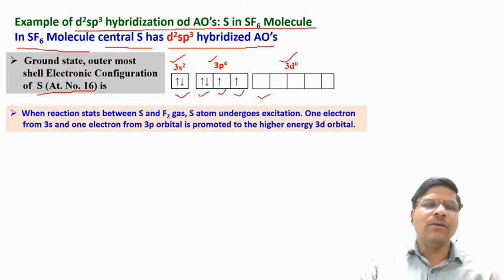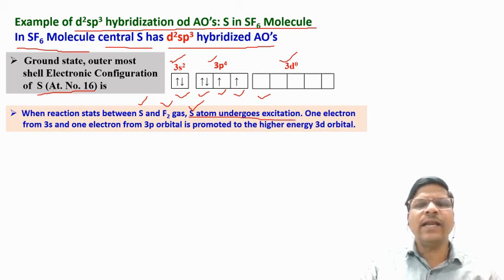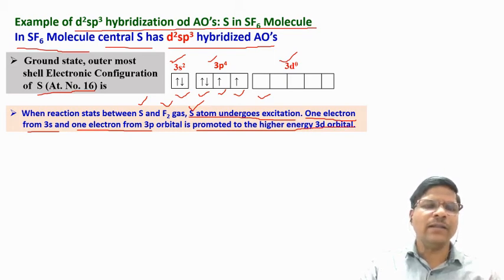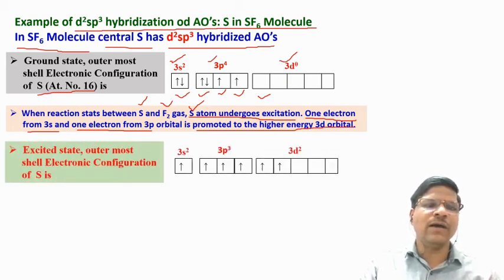Now, when the chemical reaction takes place between sulfur and fluorine gas, the sulfur atom undergoes excitation, and in the excitation process, one electron from 3s and one electron from 3p orbital, that is totally 2 electrons, are promoted to the higher energy 3d orbital. Thus, sulfur in the excited state has electronic configuration 3s1, 3p3, 3d2.